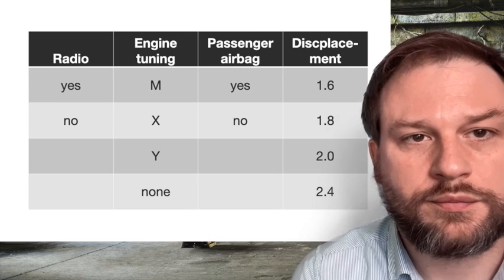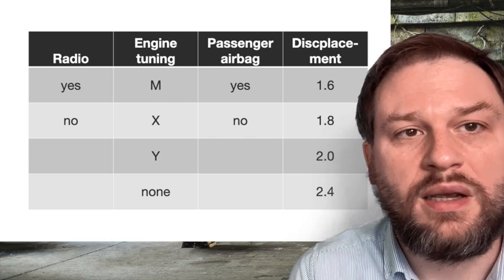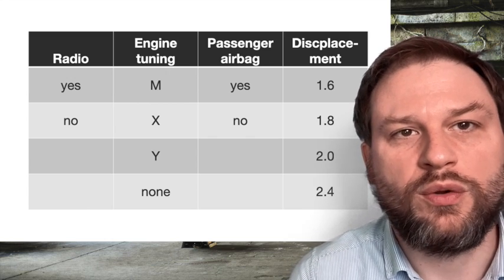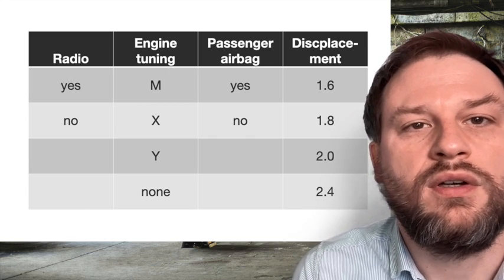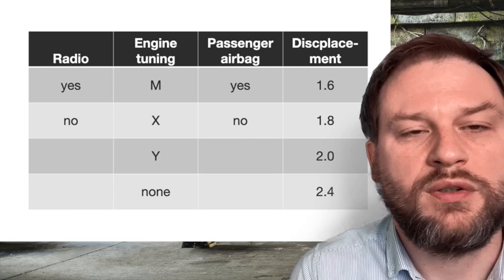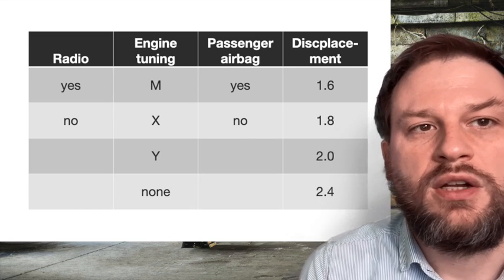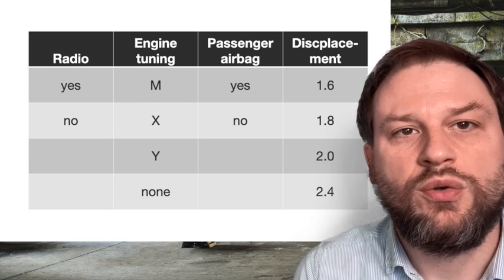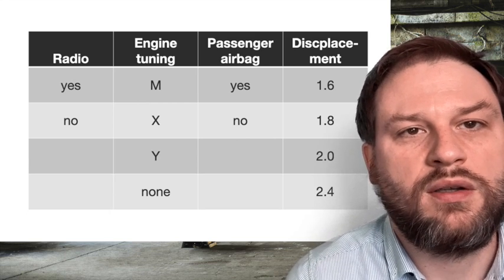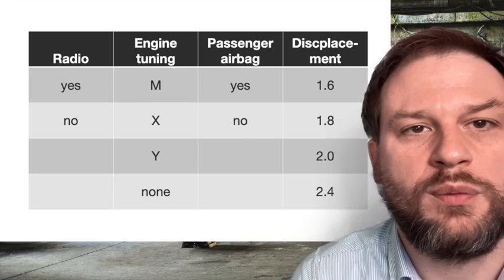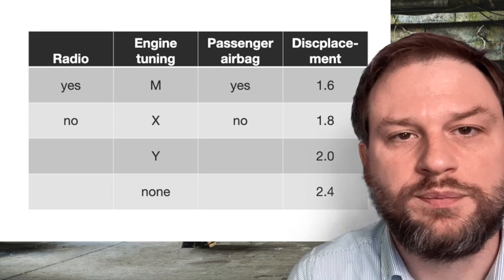Here we have a much simpler table with only 4 factors and 2 to 4 possible values for these factors. For a car that might have a radio, different engine tunings, a passenger airbag, yes or no, and possible sizes of displacements.